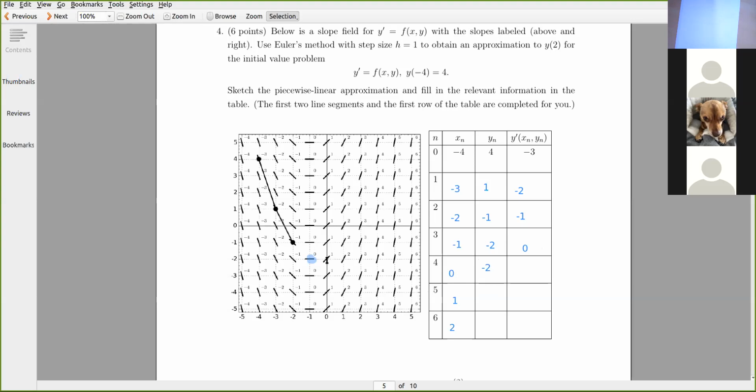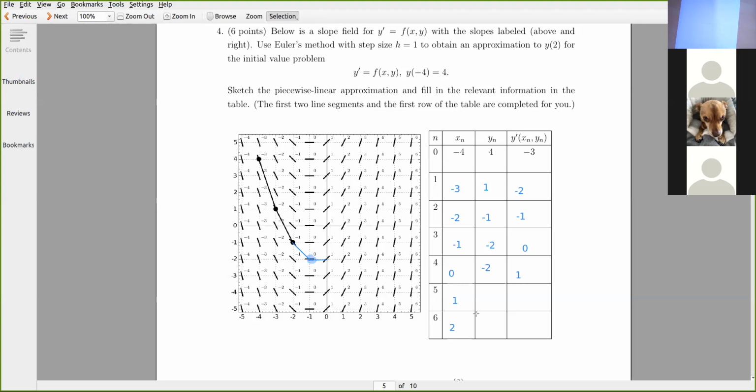And we see what's happening to the slope: the slope there is 1. Drawing it, you guys won't have to draw it on the midterm, but your piecewise would look something like that.